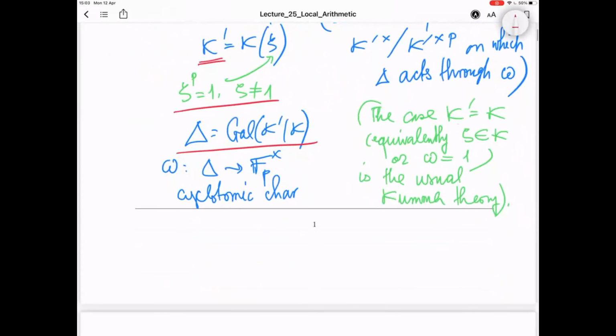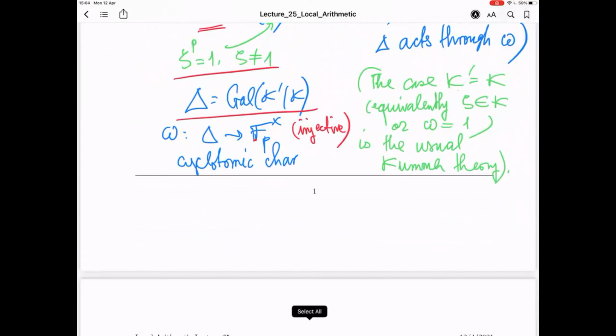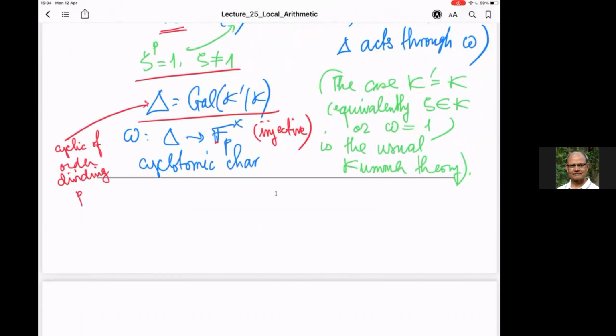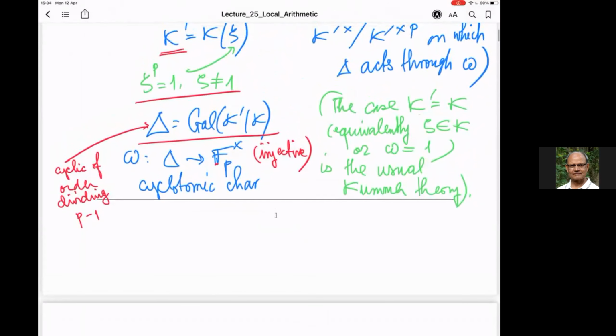And if I denote by delta the Galois group, then there is this injective, I mean, it comes with an inclusion, which is called the cyclotomic character, into F_p star. In particular, this delta is cyclic of order dividing p minus 1. Right? Okay.